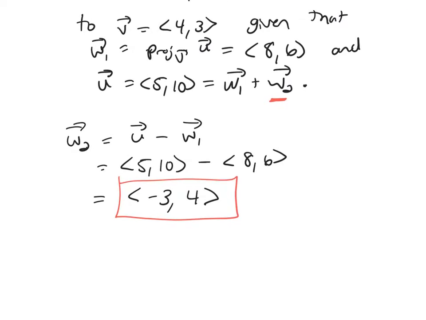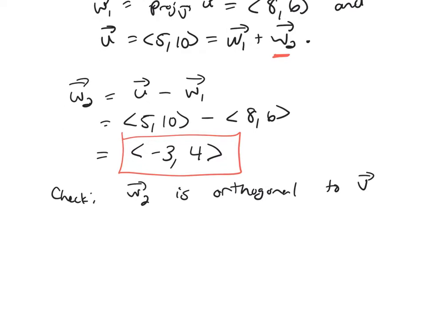And you might want to check. Remember that this vector needs to be orthogonal to the vector V. So let's check that W2 is orthogonal to the vector V. So the vector W2 is this vector negative 3, 4. The vector V, they told me in the problem, was 4, 3.